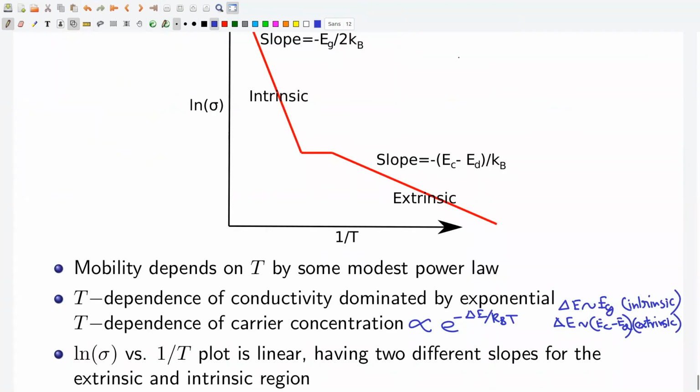Electrical conductivity sigma is equal to N e mu_e plus P e mu_h, where N is the concentration of electrons and P is the concentration of holes.